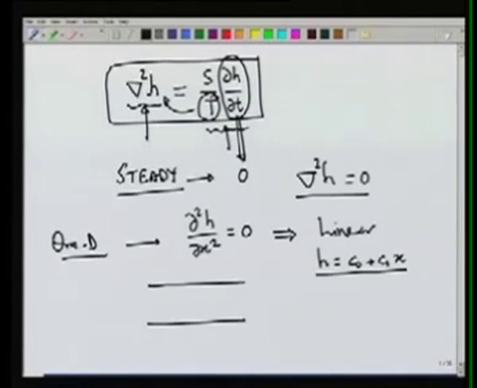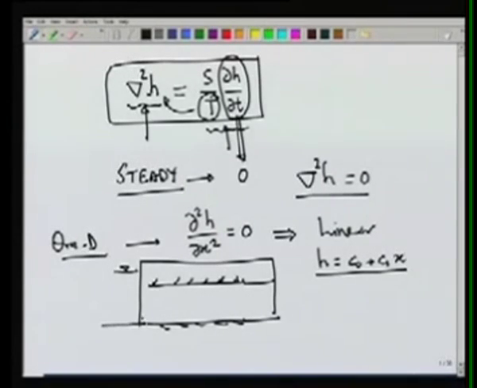As we saw in the previous lecture, if the flow is occurring between two water bodies which have elevations of h1 and h2, the head variation within the aquifer is linear, and therefore the piezometric level would be a linear profile joining h1 and h2.